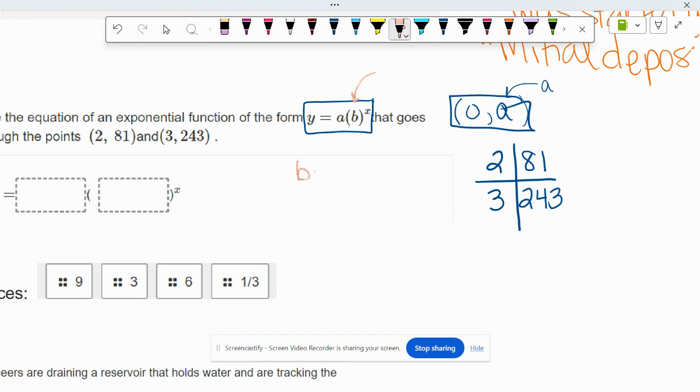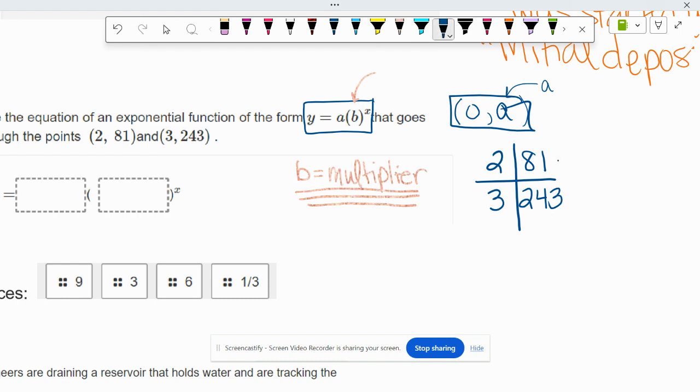What does B stand for? B is my multiplier.